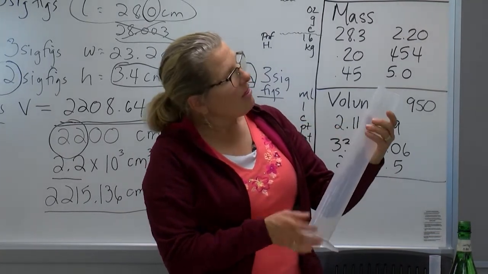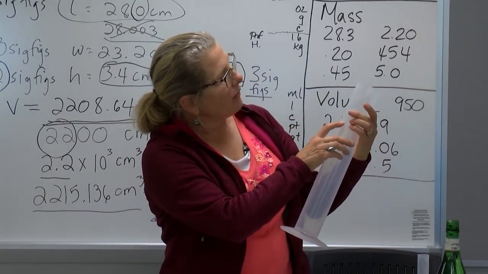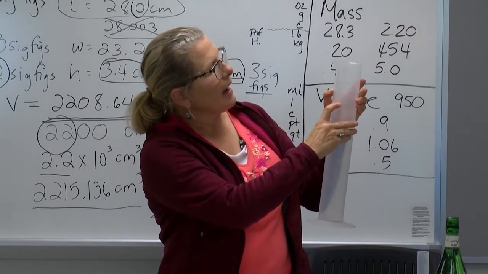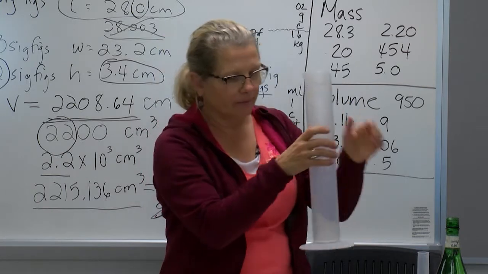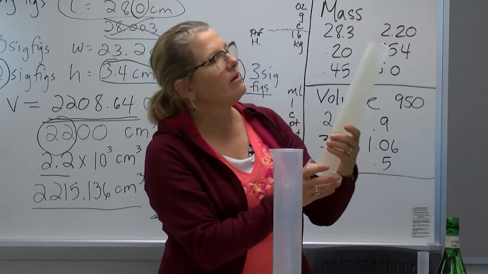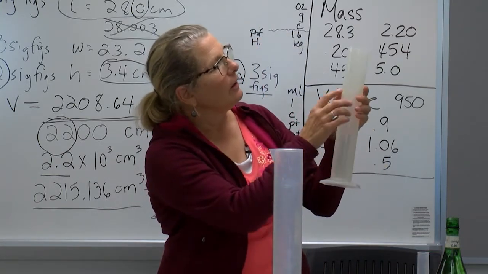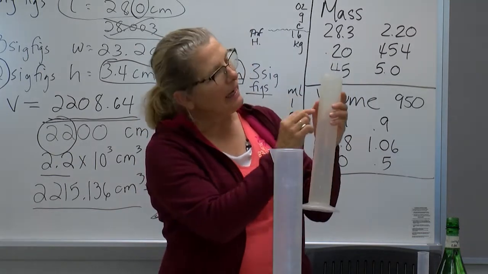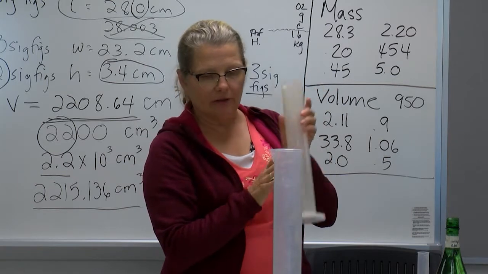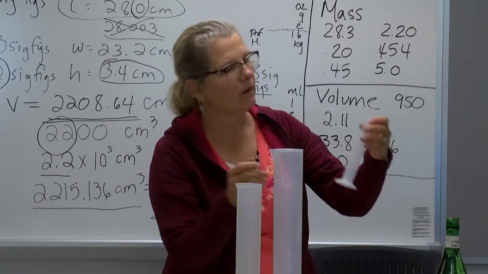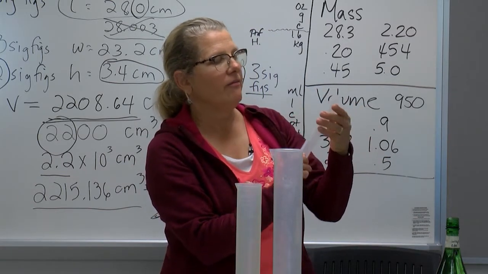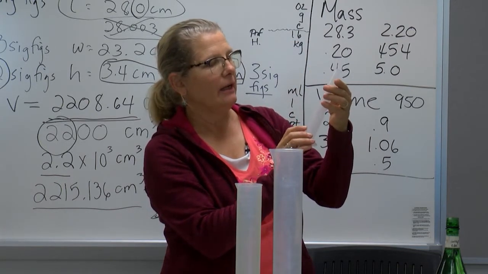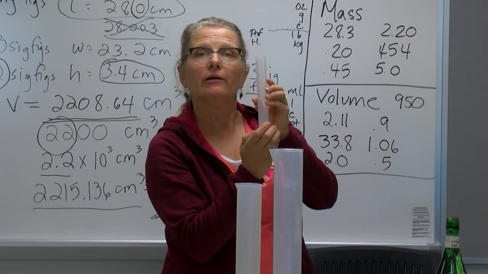These gradations are, let's see, 950. So each line is 10 milliliters. I'm looking at this graduated cylinder. It's a 500 milliliter cylinder. Each line is 5 milliliters. This is a 50 milliliter cylinder, and each line is 1 milliliter.